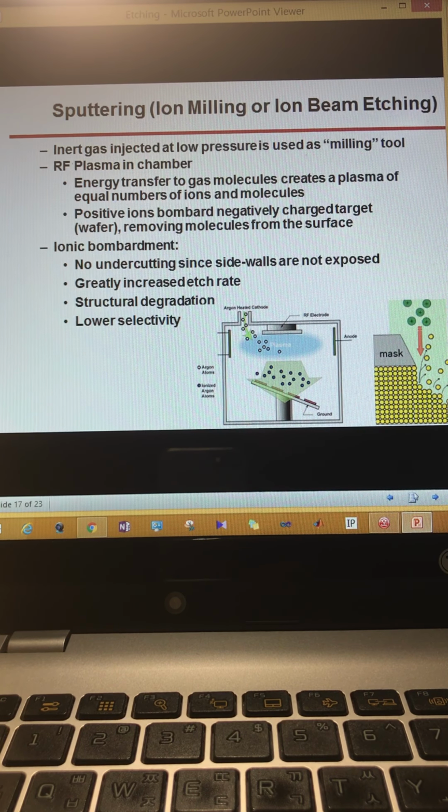Argon atoms are used to ionize the plasma and apply a positive or negative voltage. This has the disadvantage that it is difficult to etch selectively and the crystal can be broken.